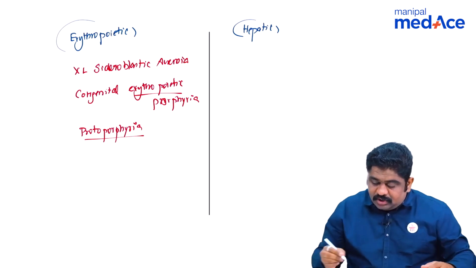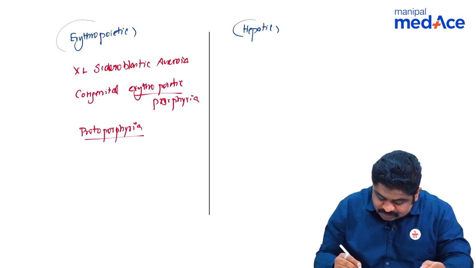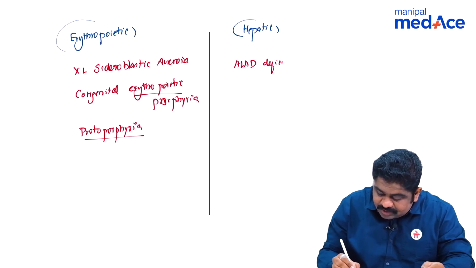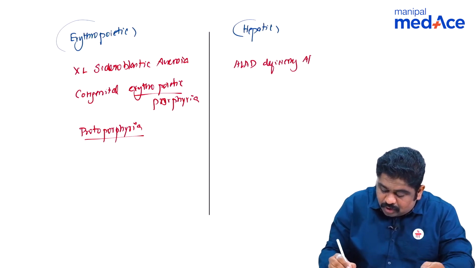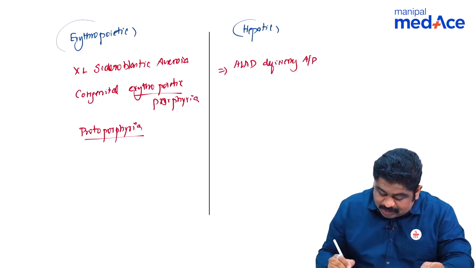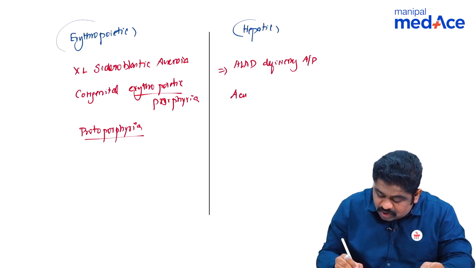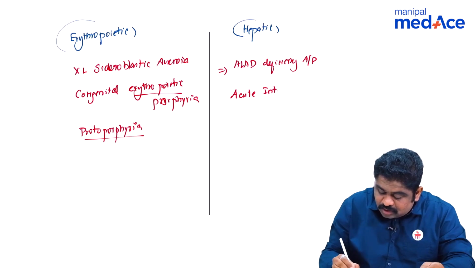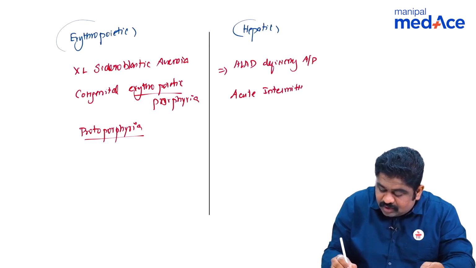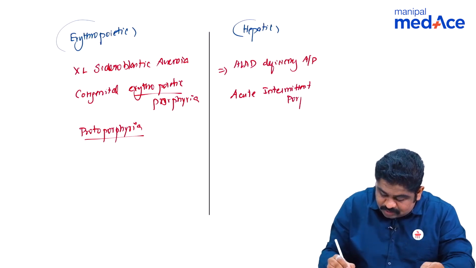Now keep watching. If I look for hepatic porphyrias, ALA dehydratase deficiency anemia or porphyria is hepatic. Acute intermittent porphyria is hepatic.